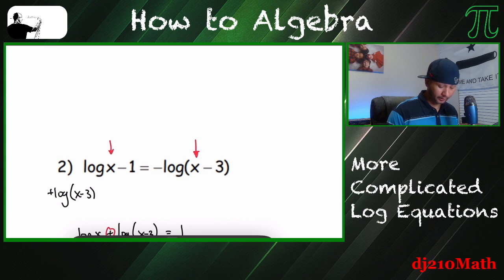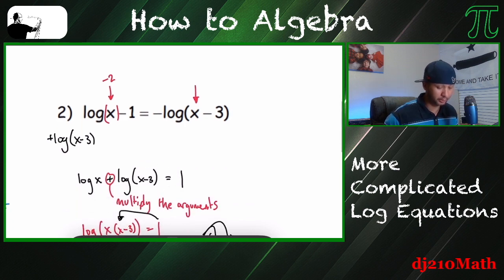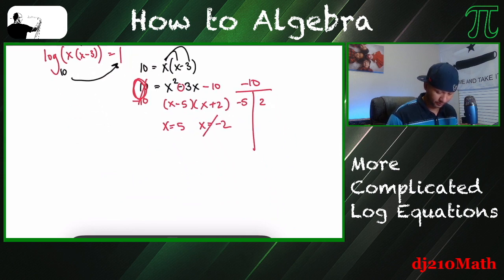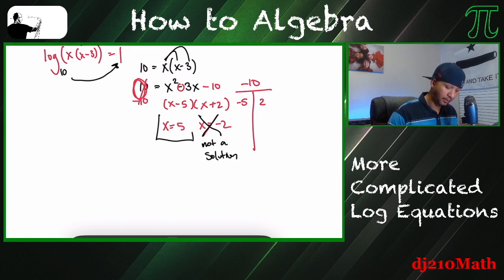If we put negative 2, however, immediately log of negative 2, that's not good. Negative numbers can't go into logs. It's not in the domain. So we know that negative 2 is not a solution. But x equals 5 is good.